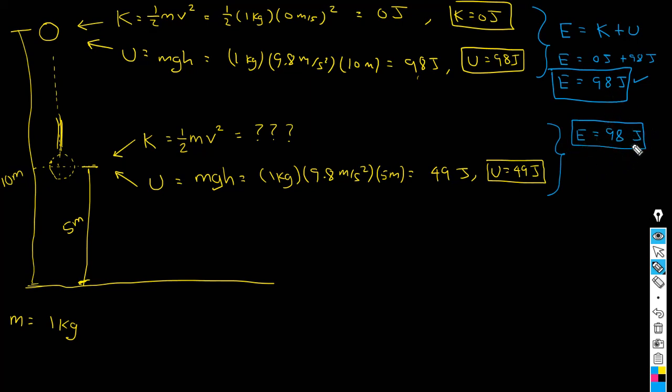So how can this knowledge help us get the kinetic energy of the particle? Well, the total energy is equal to kinetic plus potential, right? And we know that the total energy is 98 joules.